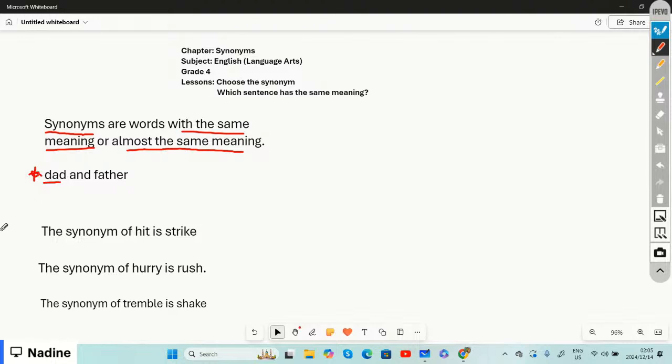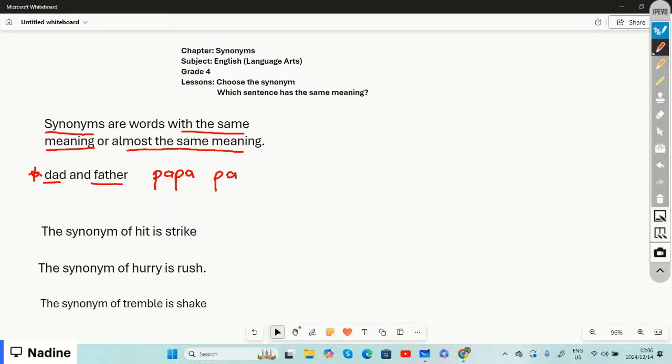So dad, you can refer to your dad as dad, or you can refer to your dad as father. Some people refer to him as papa, some people refer to him as pa, some people refer to him as dada. There are different words that you can use to refer to your dad. However, these we call synonyms because they have the same meaning.